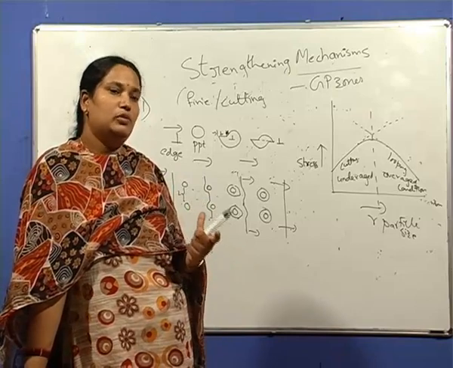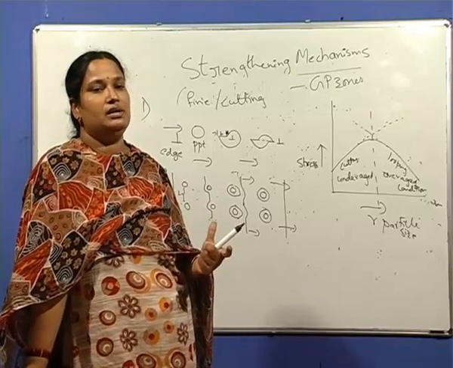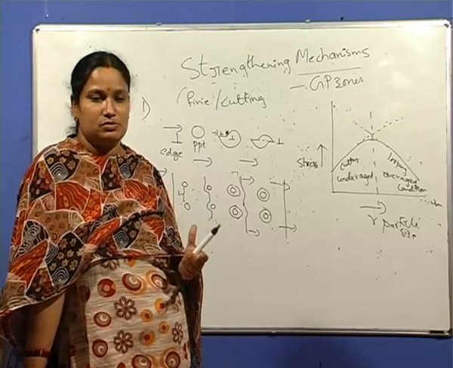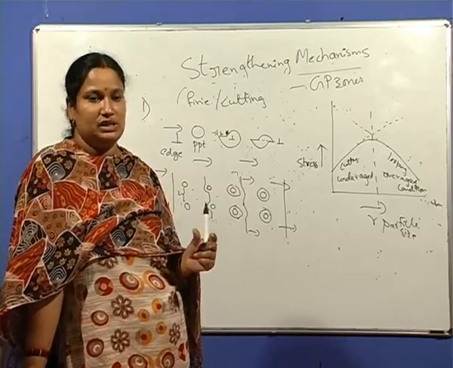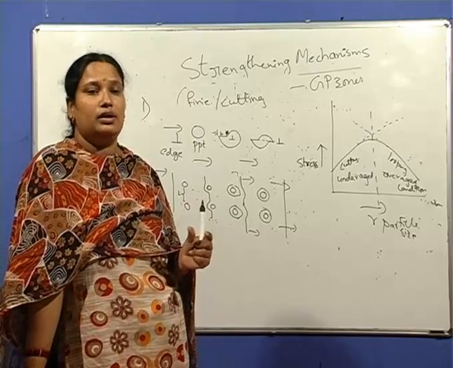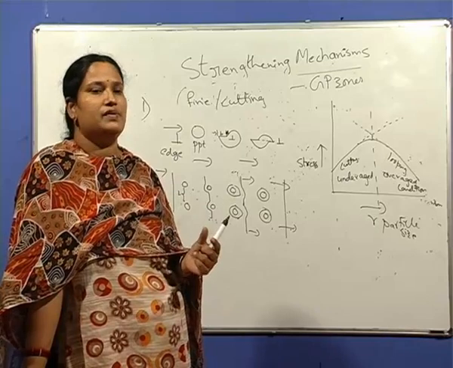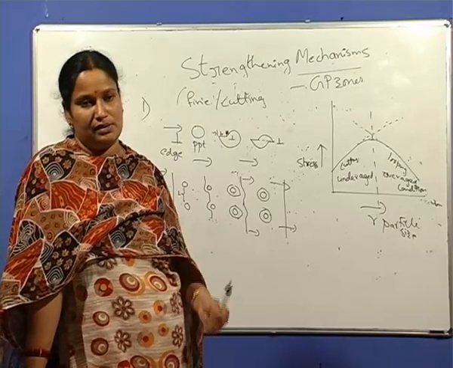One more difference is that in precipitation strengthening alloys, the precipitate is coherent with the matrix, whereas there is no coherency between the dispersoid and the matrix.